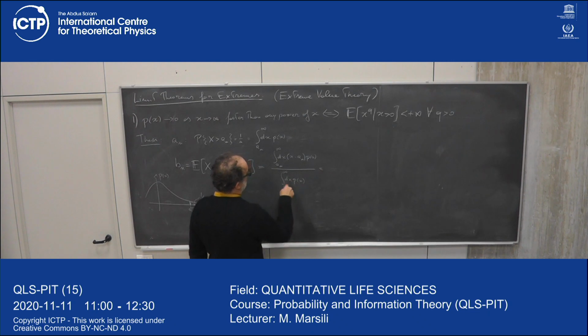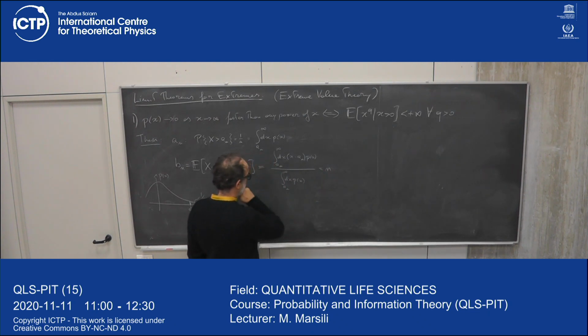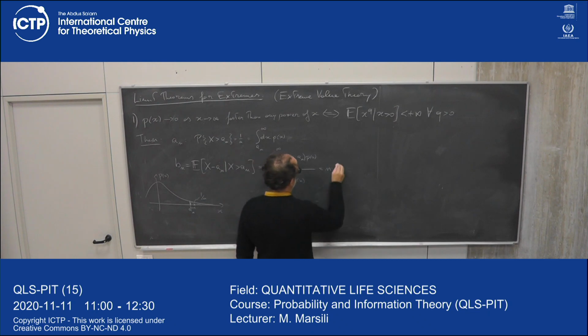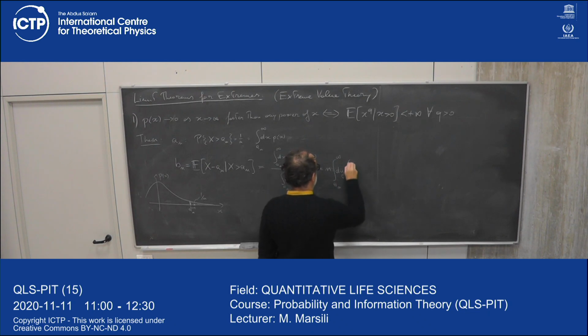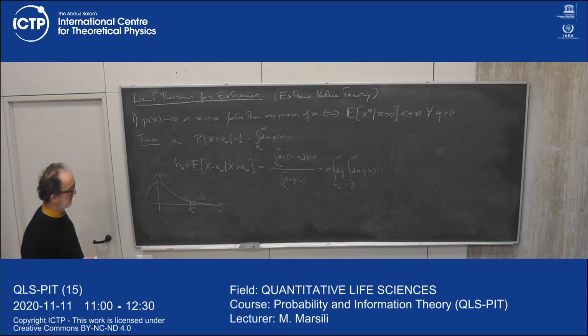Now this is clearly 1 over n, so this is n times, and this integral you can also write as the integral from an to infinity dy, integral from y to infinity dx of p of x. Okay, so you can write it in different ways.